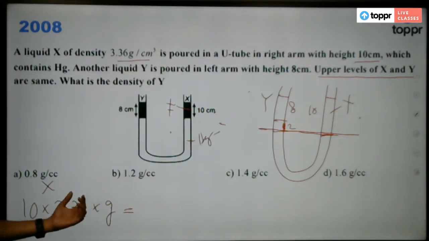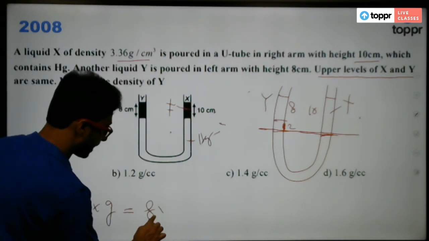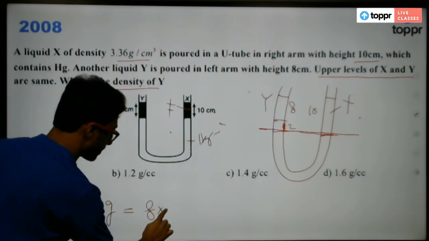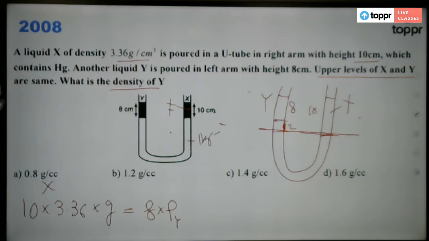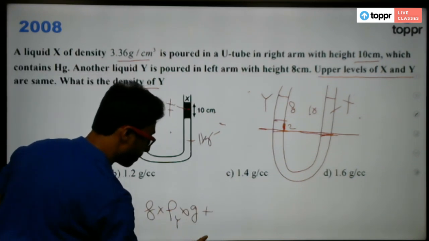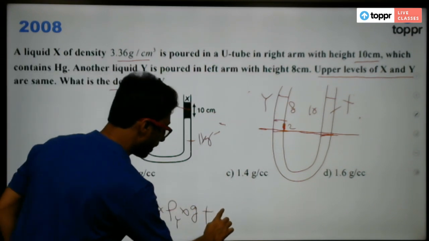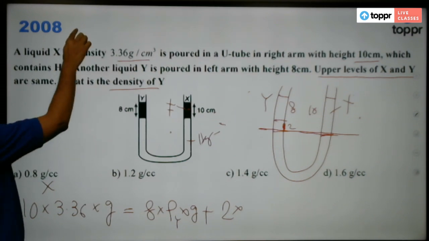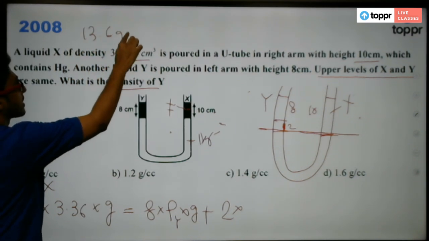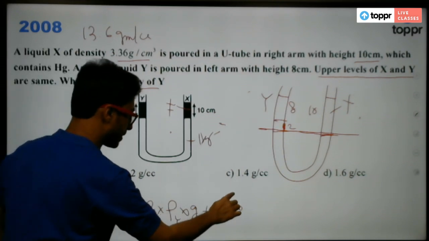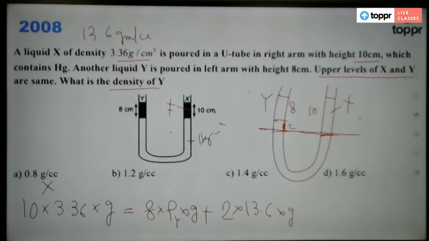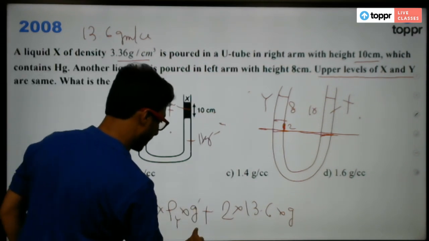Understand? So the liquid column of Y, what is the weight? 8 into the density we have to find out. So let that be rho Y into gravity, plus for mercury it is 2 into, for mercury you have to remember, 13.6 gram per cc is 13.6 into G. Okay, so see, G all cancels out.